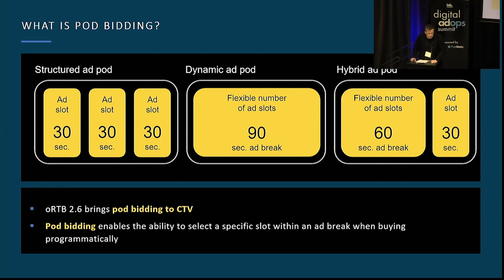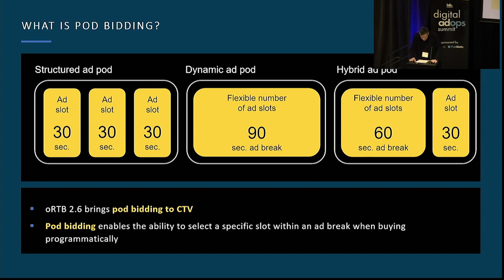So ORTB 2.6, how does it look different? These are 3 examples of the ad pod structures that have some degree of flexibility. You have the structured ad pod, where the media owner predetermines what the slots in each ad pod are. In this example, 3 30s in a row. Then we have the dynamic, where there is a total time declared in the ad pod, and it accepts bid responses from multiple demand sources, and then it constructs the pod.